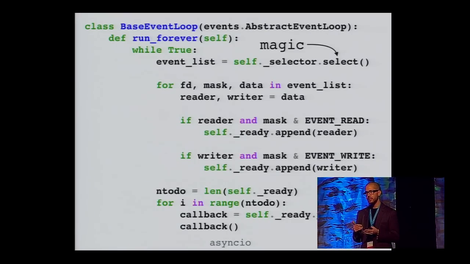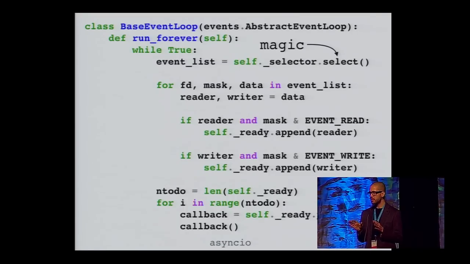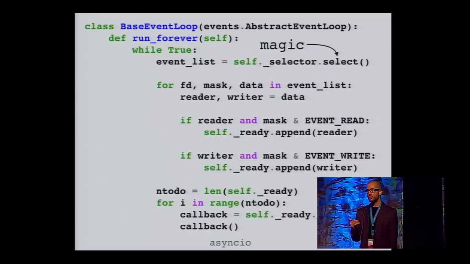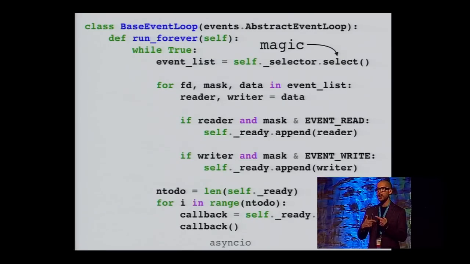And the reason why we do it this weird way, you might think, why not just run all the callbacks in the ready queue? A callback can do anything, and that includes adding new callbacks to the ready queue as it's running. So we don't want to run those secondary callbacks now.